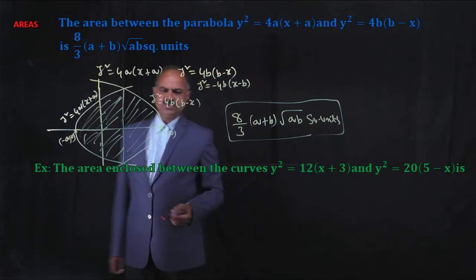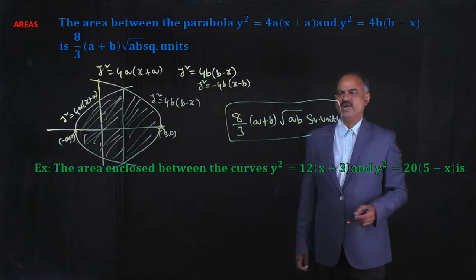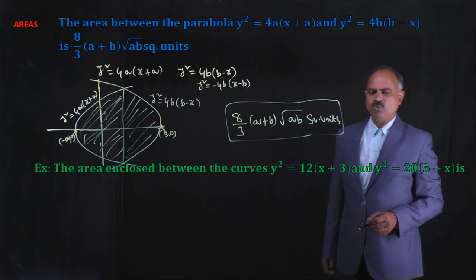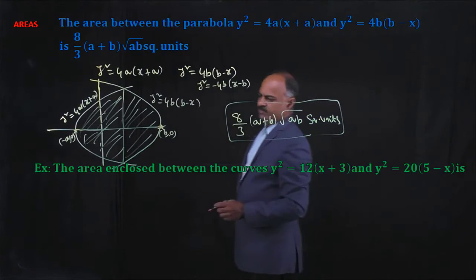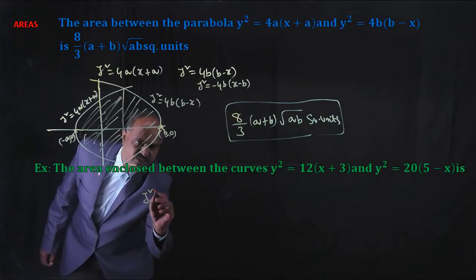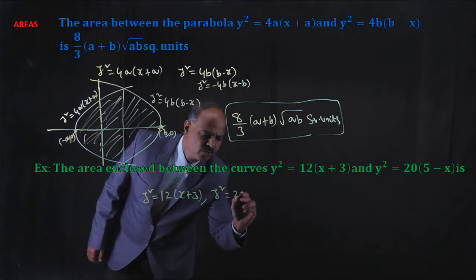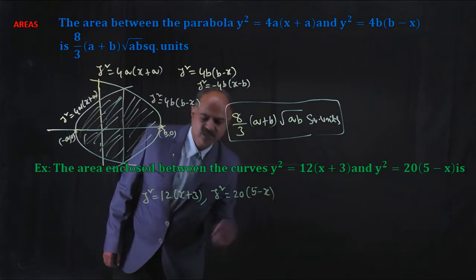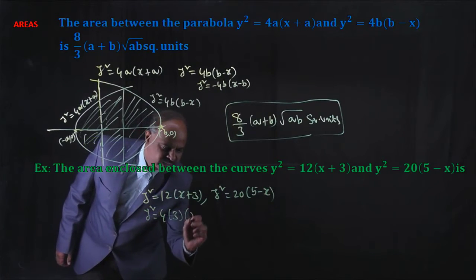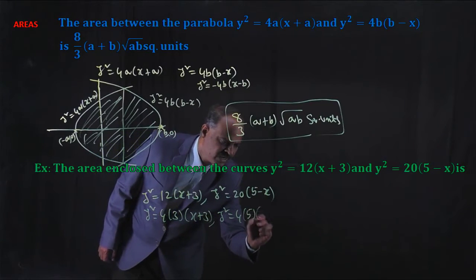Next, suppose for example the area bounded by the parabolas y^2 = 12(x + 3) and y^2 = 20(5 - x). Here this can be written as y^2 = 4 into 3 into (x + 3) and y^2 = 4 into 5 into (5 - x).